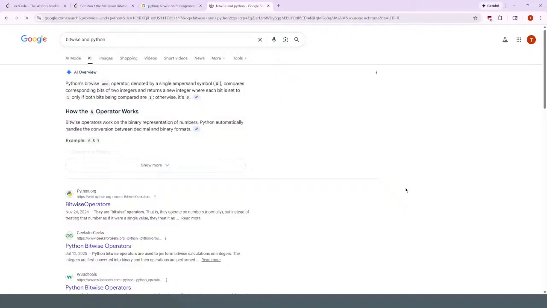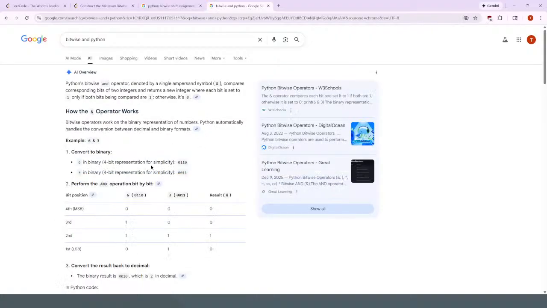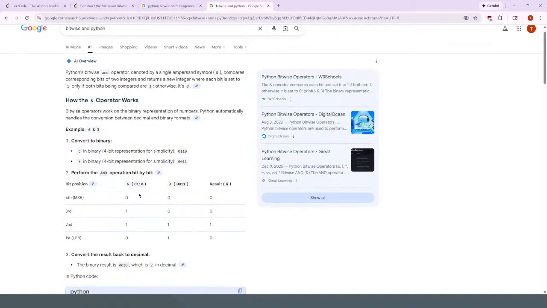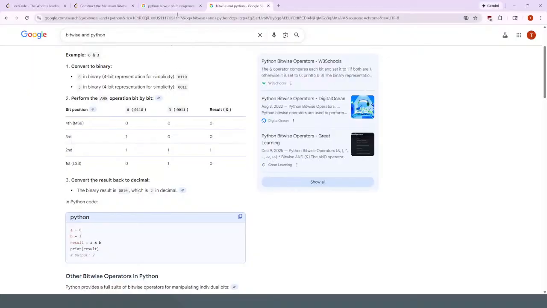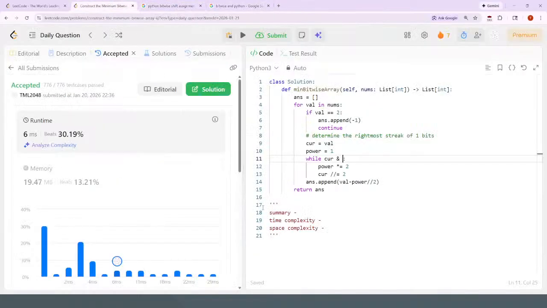It's either that or caret. Bitwise AND is a single ampersand. Okay, yeah. Current ampersand with power is equal to 1. Is that right?